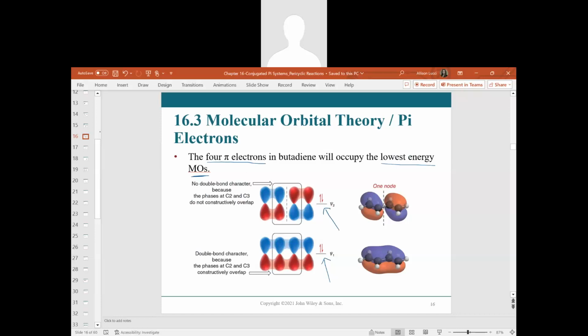So in, again, the lowest energy molecular orbital, we see this constructive overlap at carbon 2 and carbon 3. Right, so we see this phase overlaps and this phase overlaps, and that's what we see here. So again, this is just a shorthand notation of what we see over here.